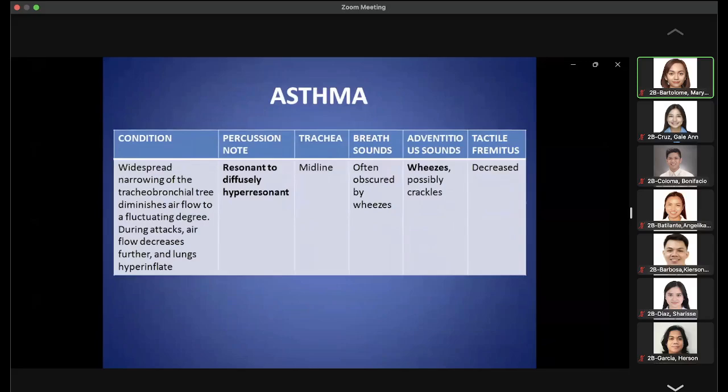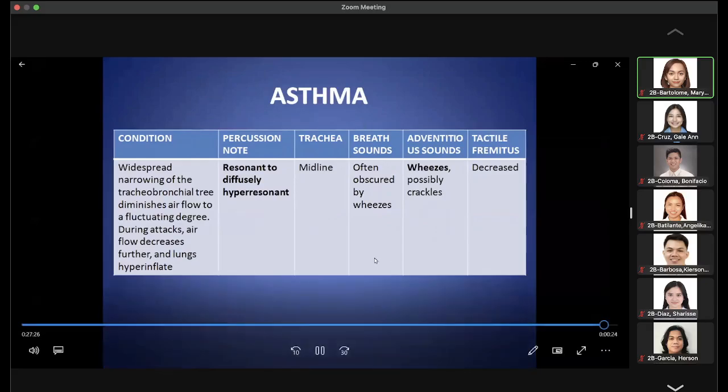How about in asthma? In asthma, there is widespread narrowing of the tracheobronchial tree, thereby diminishing airflow to a fluctuating degree. During attacks, airflow decreases further and lungs hyperinflate. So on percussion note, again, it may be resonant to diffusely hyperresonant.